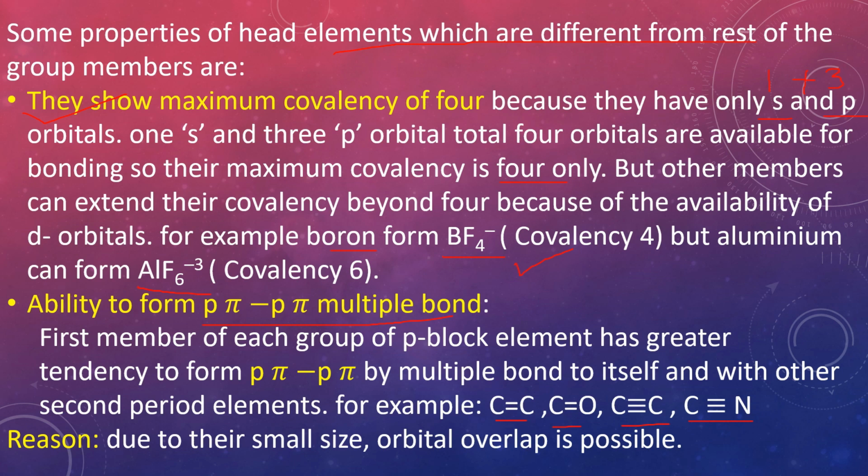Because of the similar size, carbon and oxygen have almost similar size, carbon and nitrogen have almost similar size, so collateral overlapping is possible. So overlapping is possible because of the similar size of the orbitals. Rest of the group members are different, like if I am talking about the next element of the group, due to the presence of d orbitals, their size is more, so due to the size difference, the overlapping is not possible. Hence the p-pi multiple bond is not possible with the other members.